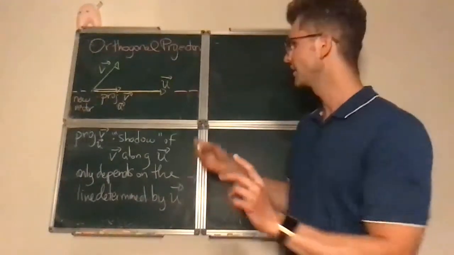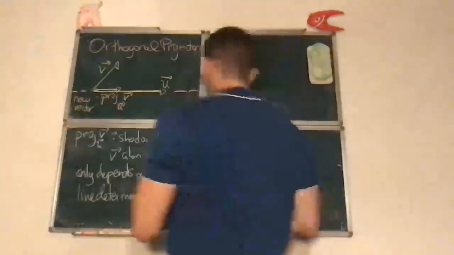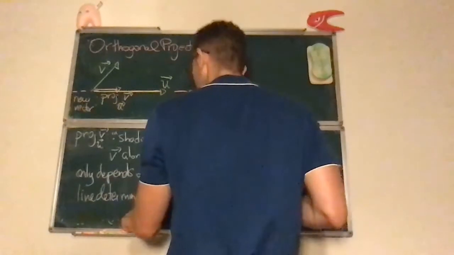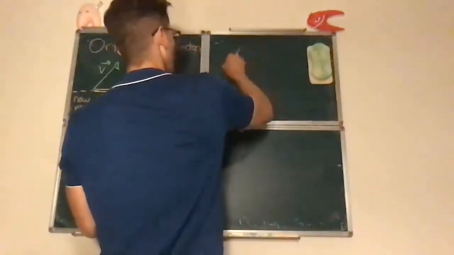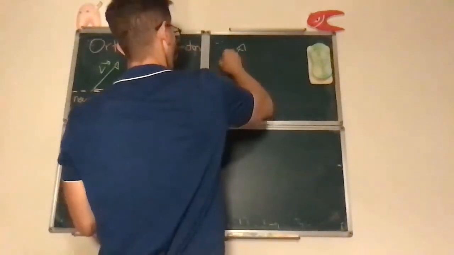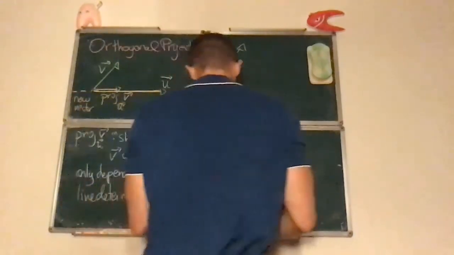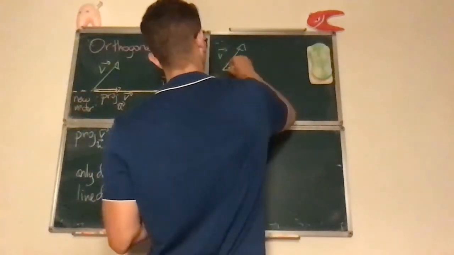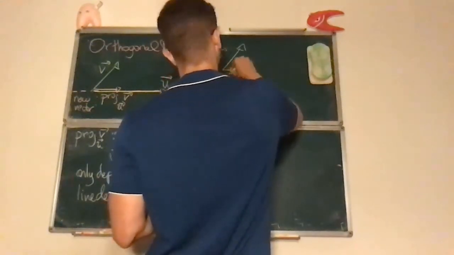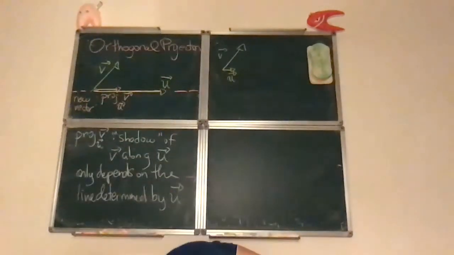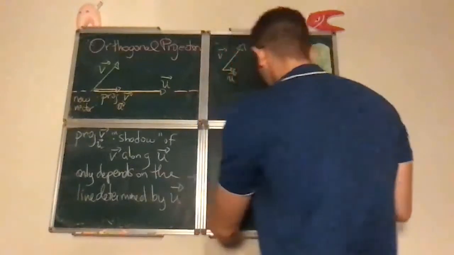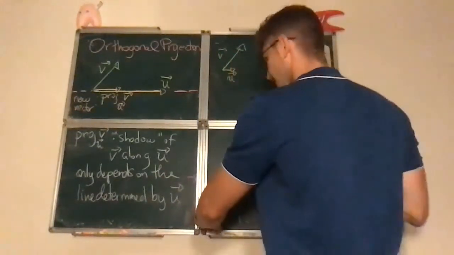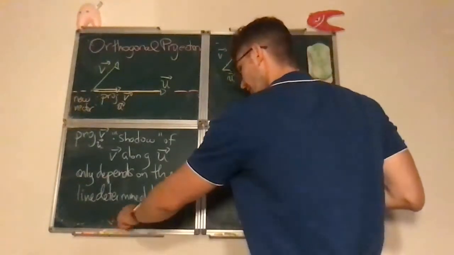So what I mean by that is that, for example, imagine that you shrink this vector u a lot. So I shrank u, but still it determines the same line as before, okay?